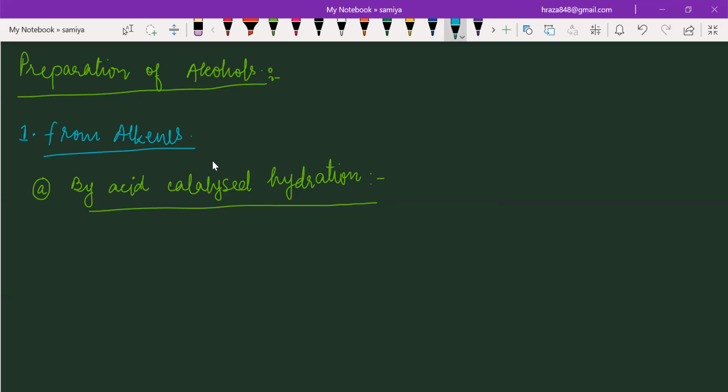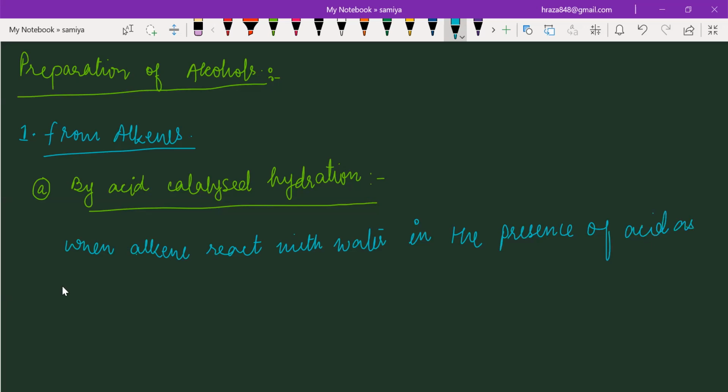And it's very easy. When an alkene reacts with water in the presence of acid as catalyst, then alcohols form.